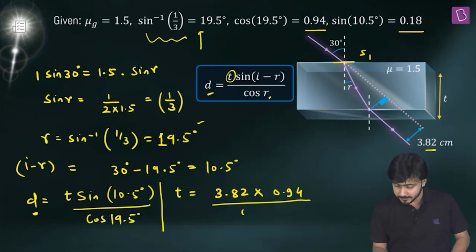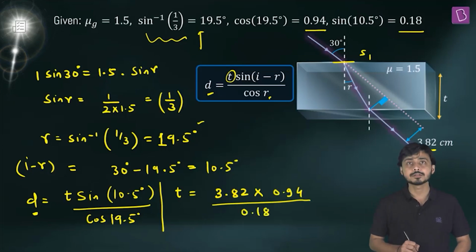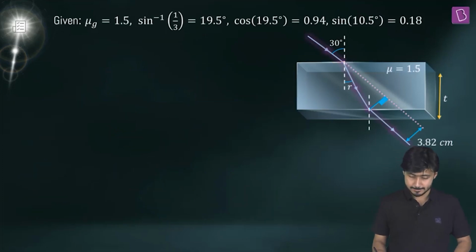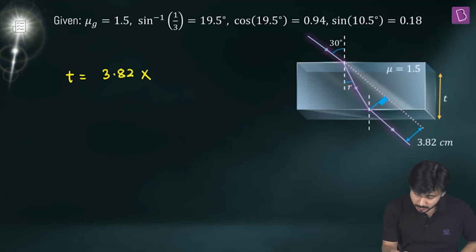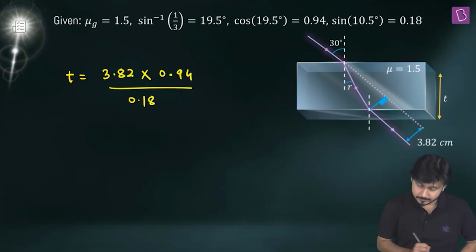Sine 10.5 is 0.18. Correct? Okay, let's just calculate this again. What was T? T is D, that is 3.82 into 0.94 divided by 0.18.